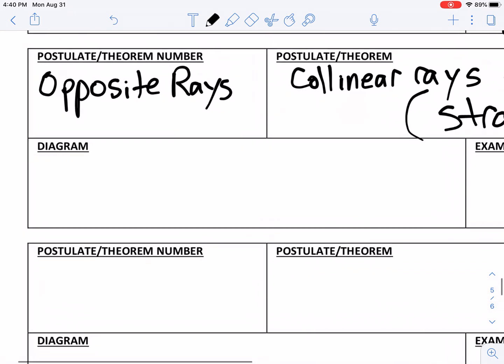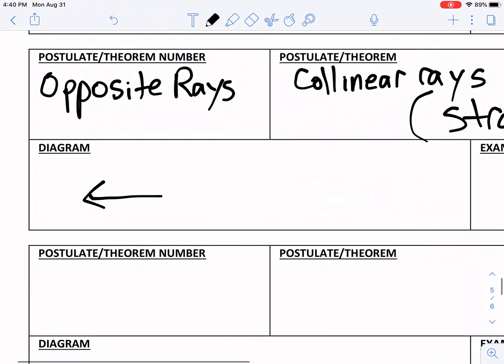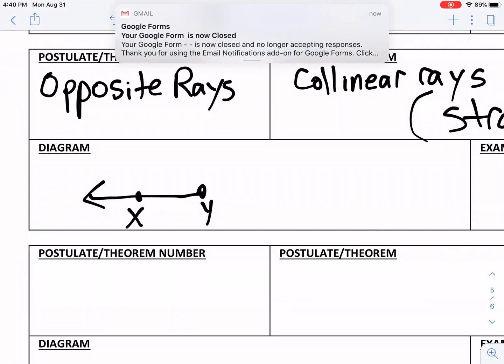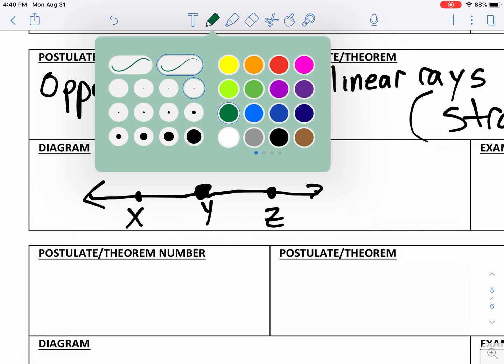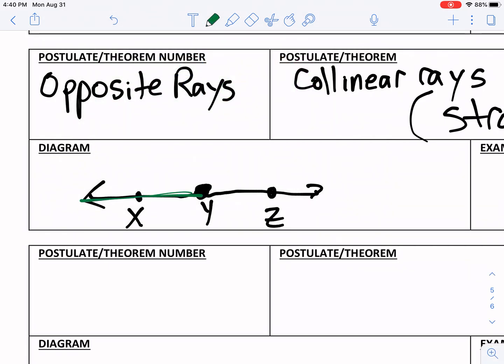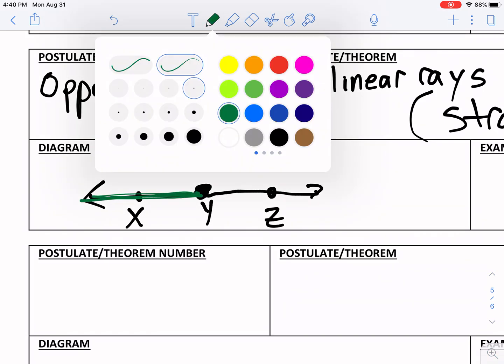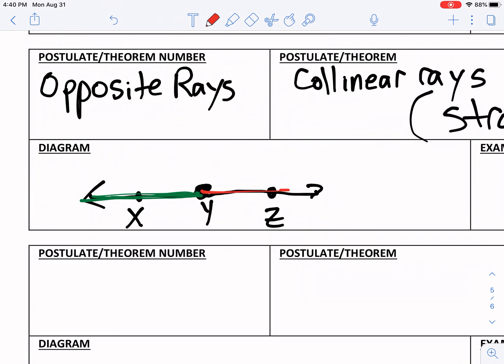So we could take an example like this. Let's say I have ray YX. This would be a ray, and then its opposite ray shares the common endpoint Y, but it's facing the opposite direction, and let's say we have the point Z. So we have the ray YX right here, but then we also have a ray YZ right here.